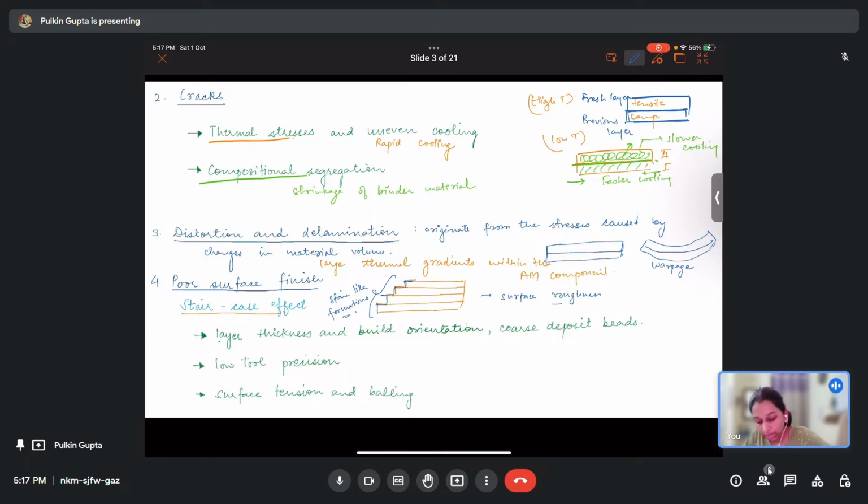Imagine this is one layer, and if you have another in which you have smaller layer thickness, it will be like this. If you observe keenly, here the surface roughness has reduced.